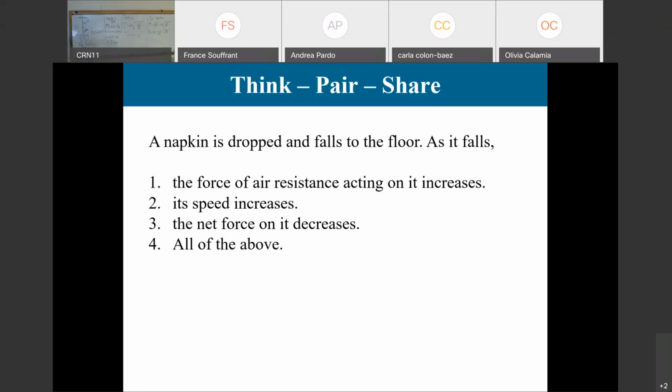I would say all of the above, based on the terminal speed.